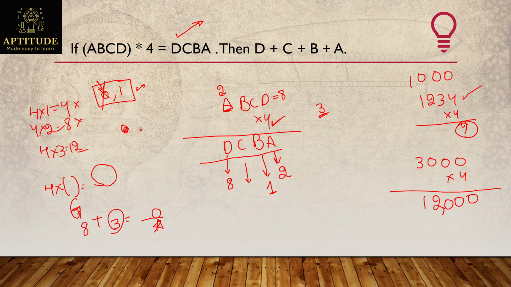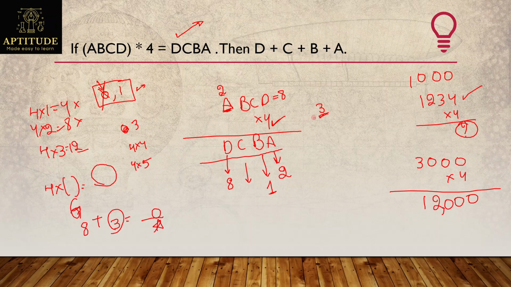It should not be 0. Now, what is one more chance here? If I take c value 3, 3 fours 12, 12 plus 3 15, it is ending with 5. If I take c value 4, 4 fours 16, 16 plus 3 19, it is ending with 9 but not 1.